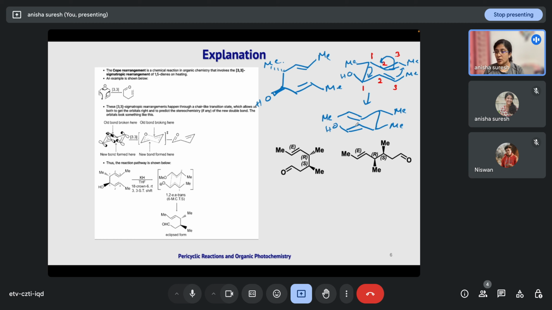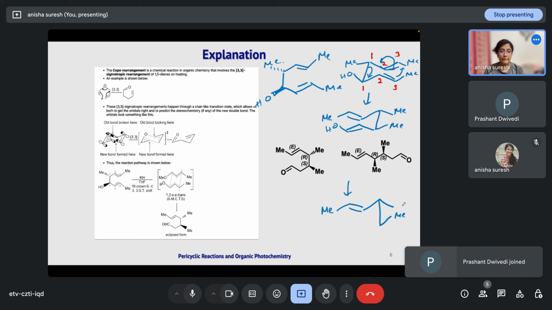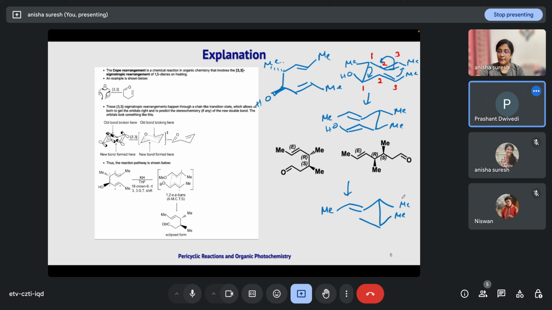So this can tautomerize to give an aldehyde, right? Me, and this will tautomerize to give the aldehyde.